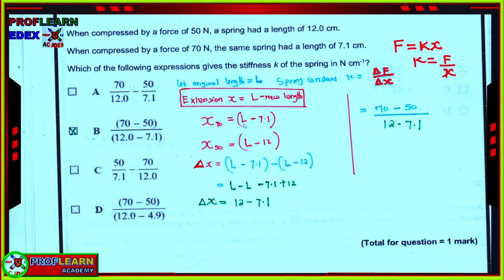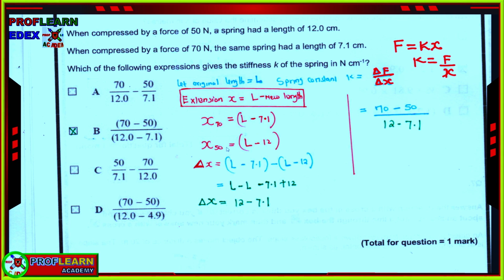Now, if we are talking about the extension for 70, remember the original length was L, so the new length becomes 7.1. So it is L minus 7.1. That will give us the compression, which is the same as, remember, compression is proportional to extension for springs.